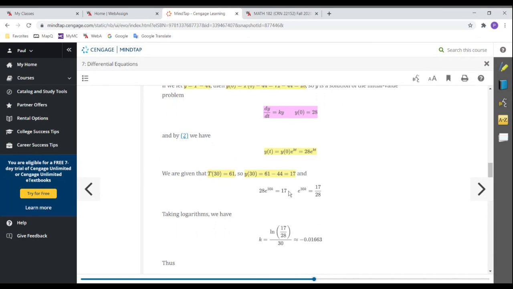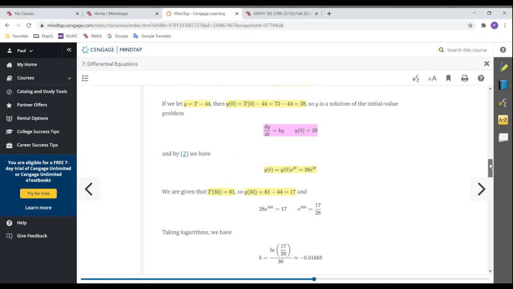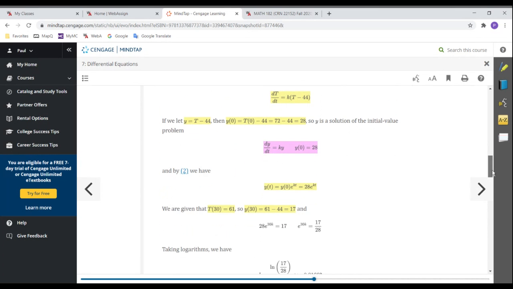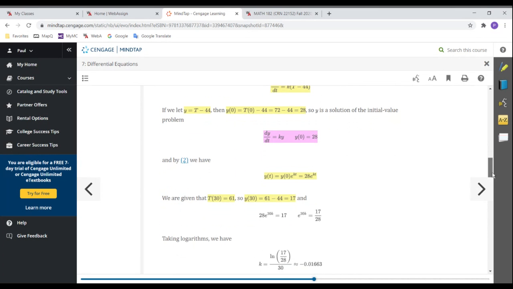What they've done in the book is nice because they've written Newton's law of cooling as this exponential growth model in pink, so you know the formula for the solution. But you have to make sure your initial conditions are also changed to reflect that you're solving with respect to y of t.